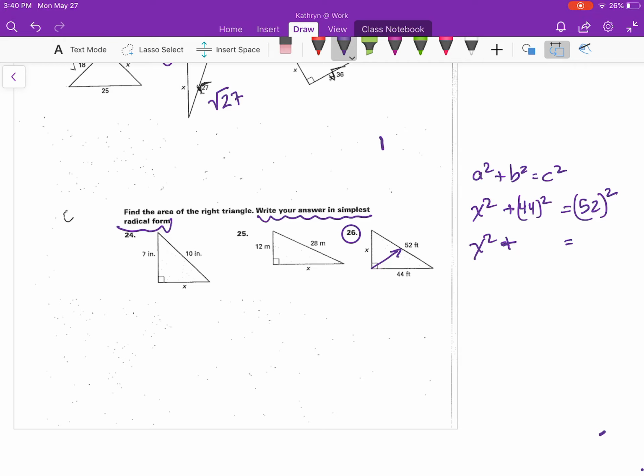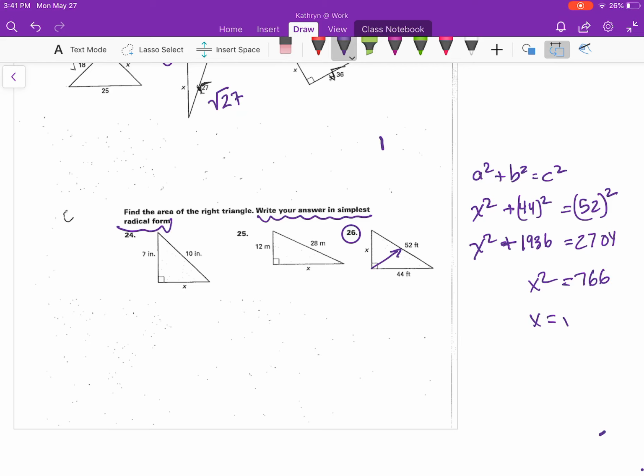I'm getting 1,936 for 44 squared, and for 52 times 52, I'm getting 2,704. So I'm going to subtract the 1,936 from both sides, and I'm getting 768.